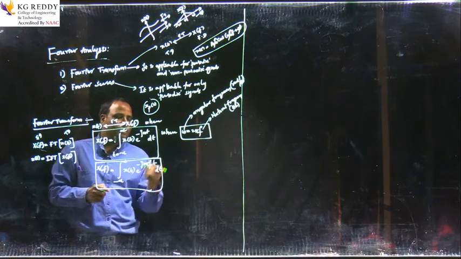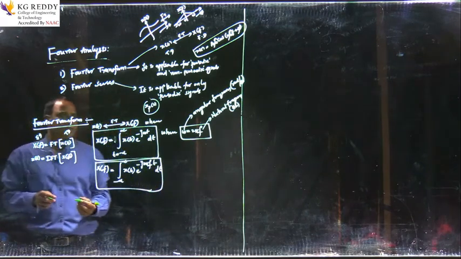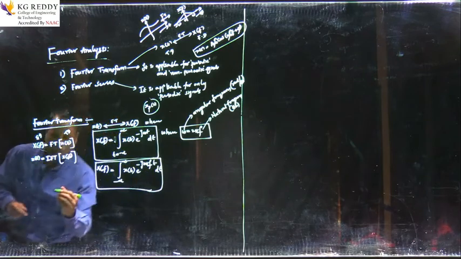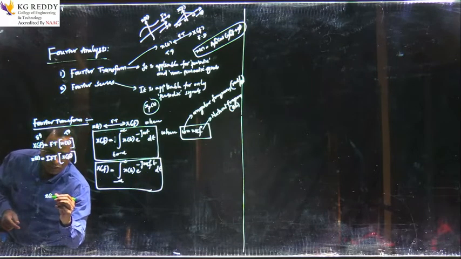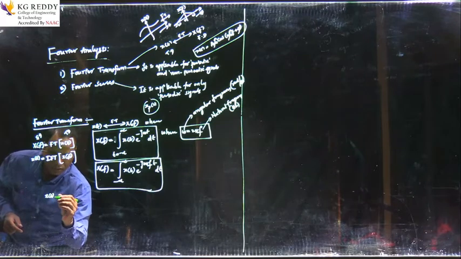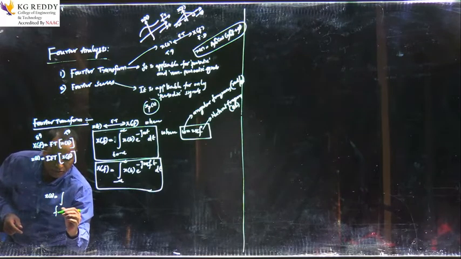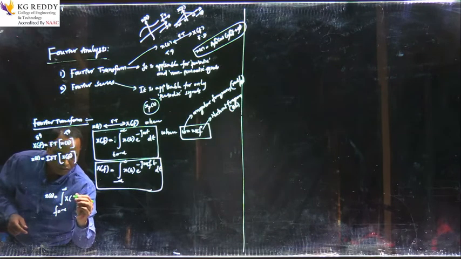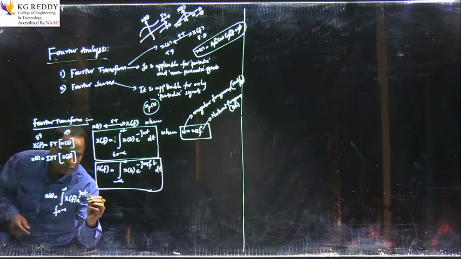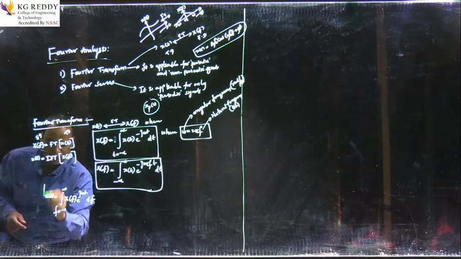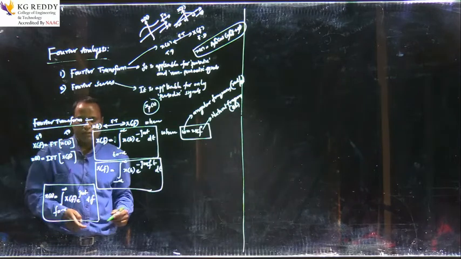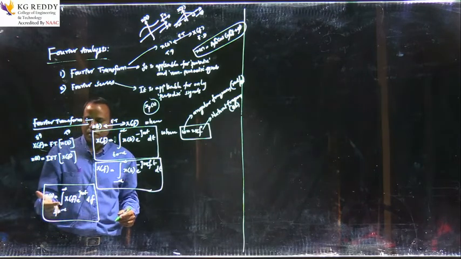Now, where this omega is equal to 2 pi f, I can represent the inverse Fourier transform definition as x of t is equal to the integration, f varies from minus infinity to plus infinity, of x of f e power j omega t into df. This also makes sense as the inverse Fourier transform definition: if x of f is given, how do we determine x of t?